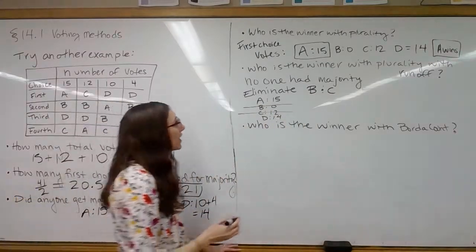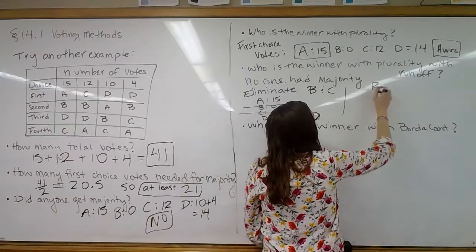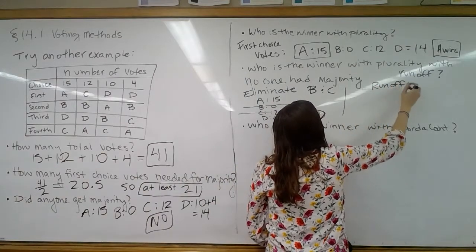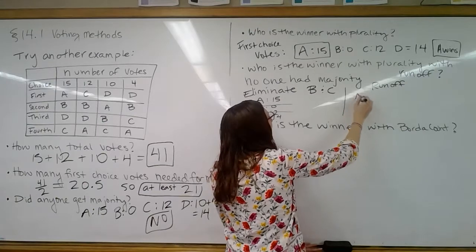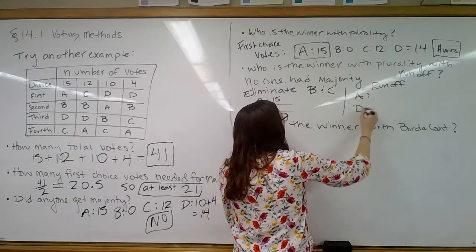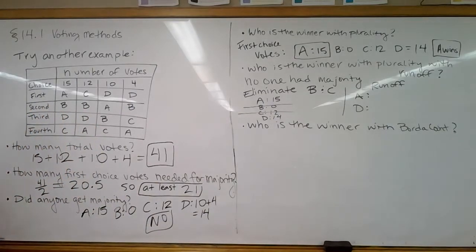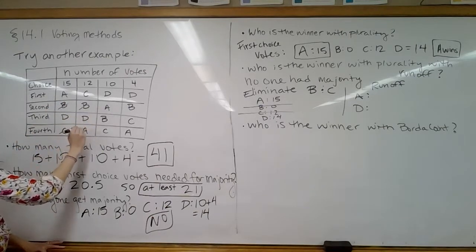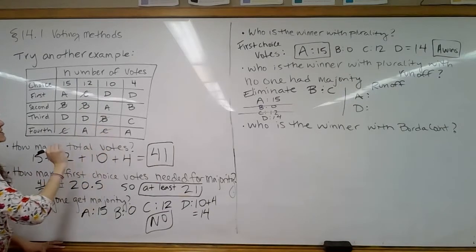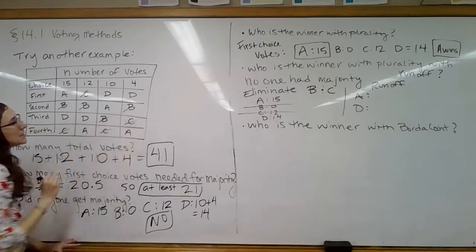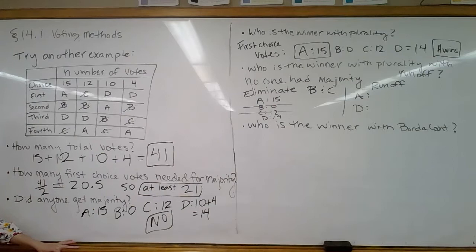So now we do a runoff, where the people left are A and D. I'm going to come over here to the table and cross off all the B's and the C's. We're going to eliminate B and C everywhere, and then run this runoff election.